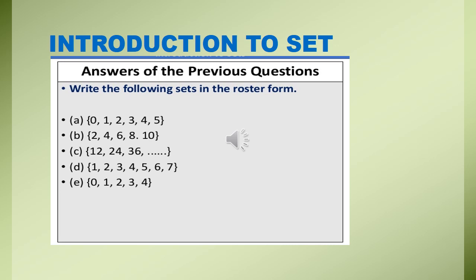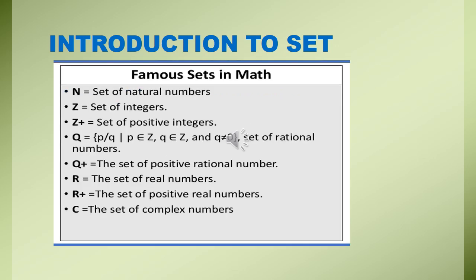Clear? My young champs, here I have to write some sets. All this is for your knowledge, because it is not necessary that we only solve our syllabus sums. We can learn some more things.